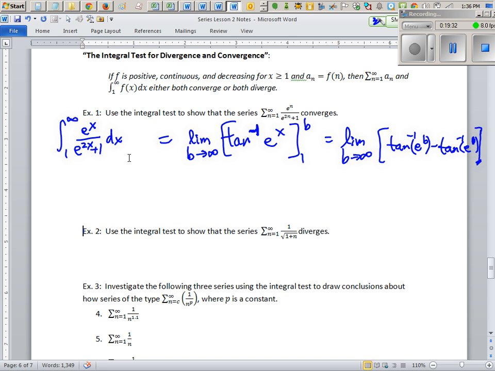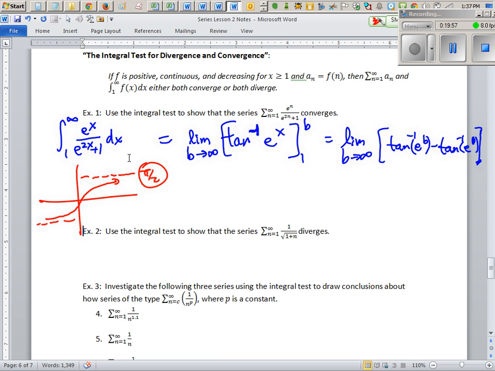And it's a little bit hard to think about, but if you let b go to infinity, then e to the b is going to go to infinity. But arctan of infinity is actually pi over 2. Let me show you. This is the arctan graph. This is one of the graphs you might want to know.